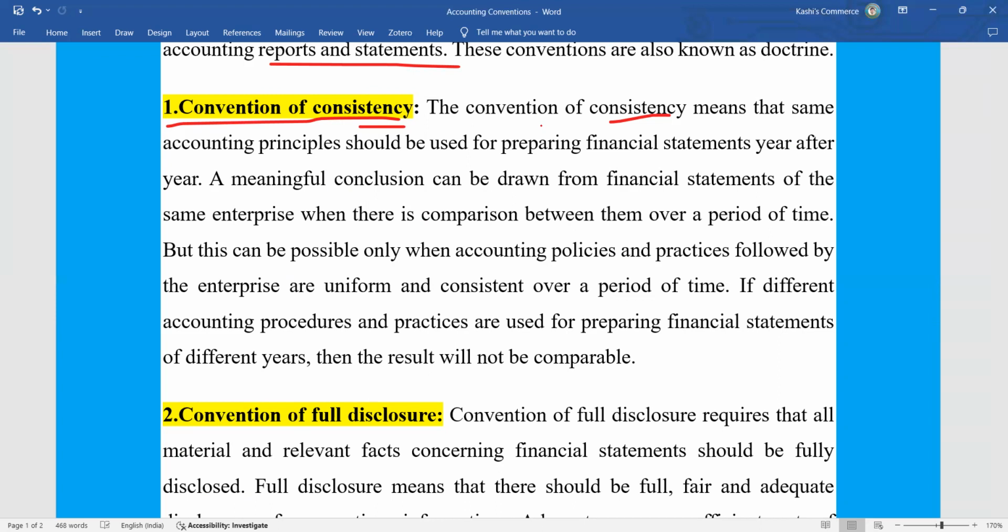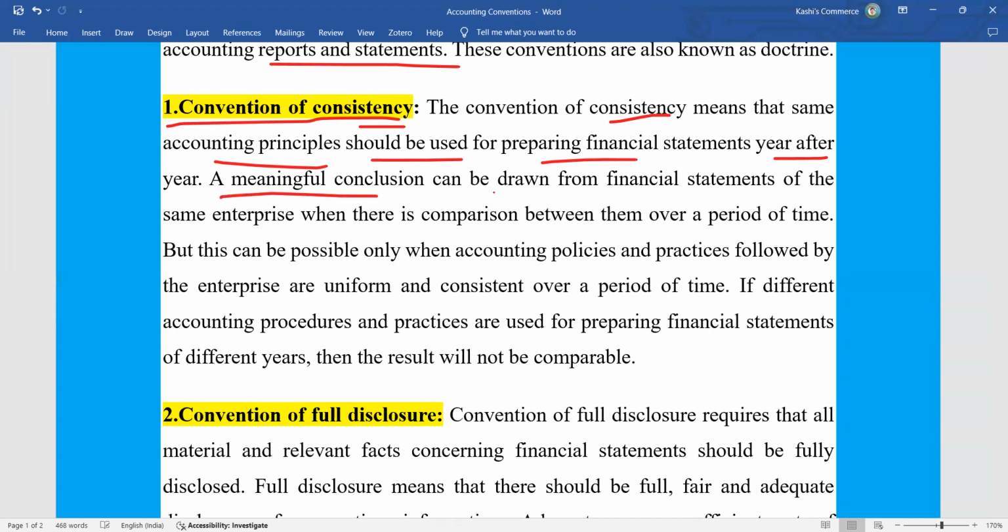Consistency is most important while preparing financial statements. So look at the definition. The convention of consistency means that the same accounting principles should be used for preparing financial statements year after year. We have to follow the same accounting principle, method and procedure for preparing financial statements year after year for a long period.